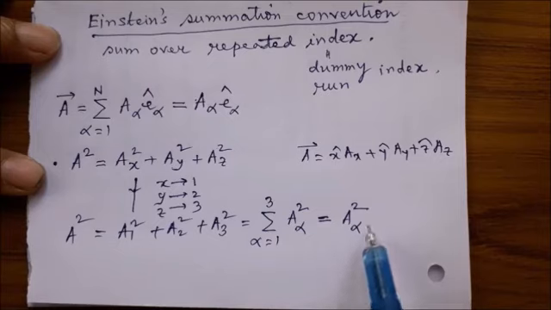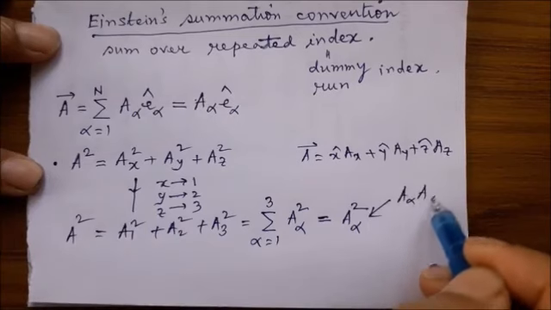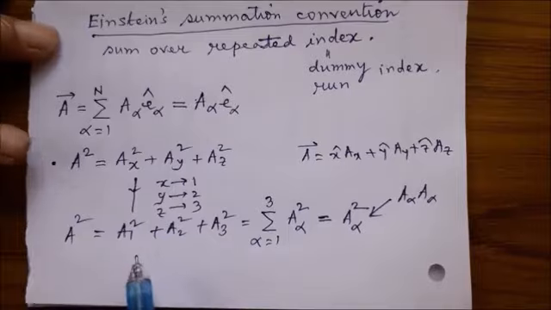Here the index alpha is repeated because it is actually A alpha times A alpha, and therefore if we write in this way, it is implied that you have to sum over alpha, and this leads to this expression.